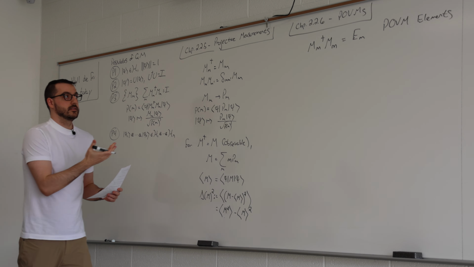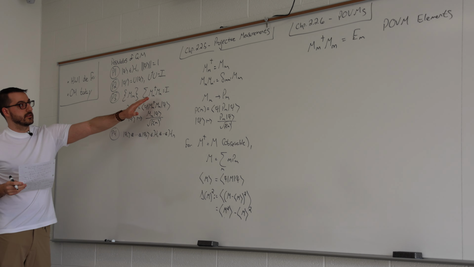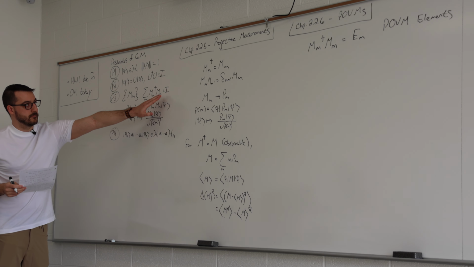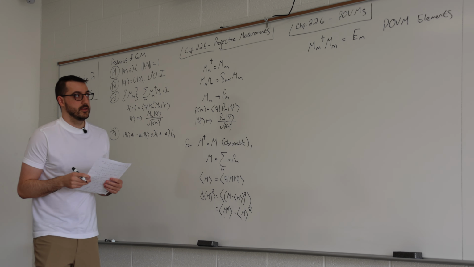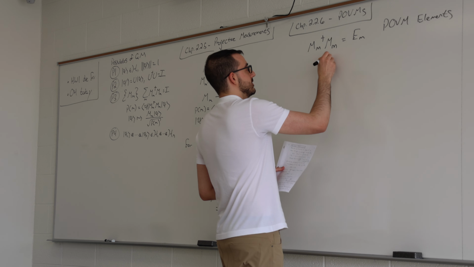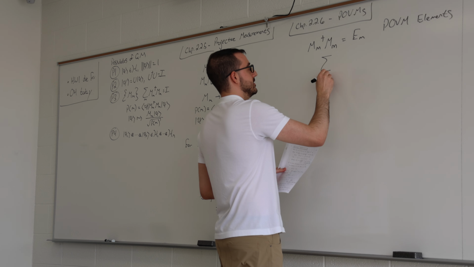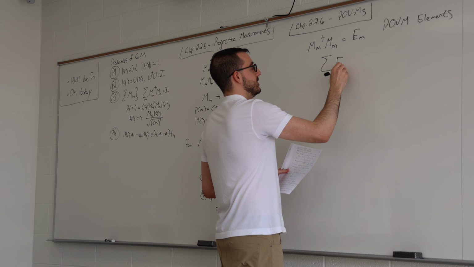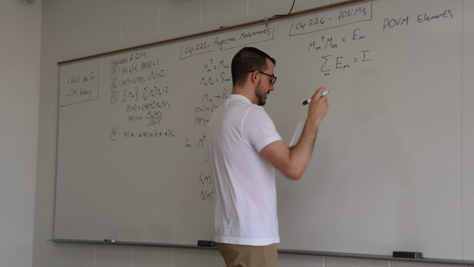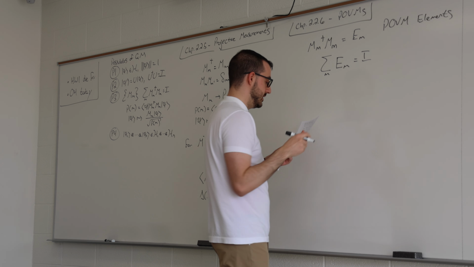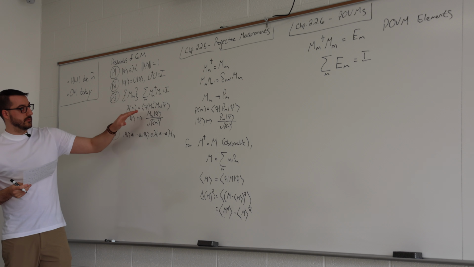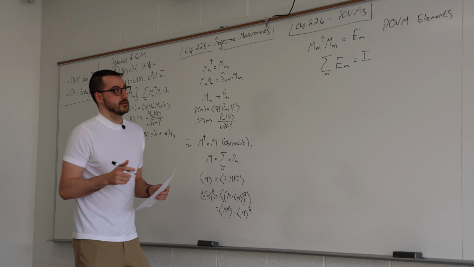From the third postulate, you can immediately see that if I sum over all of these POVM elements, I'll get the identity. So the completeness relation for POVM elements says the sum over m of E sub m is equal to identity. And also, the probability of measurement outcome m is just given by E sub m. It's essentially a relabeling.